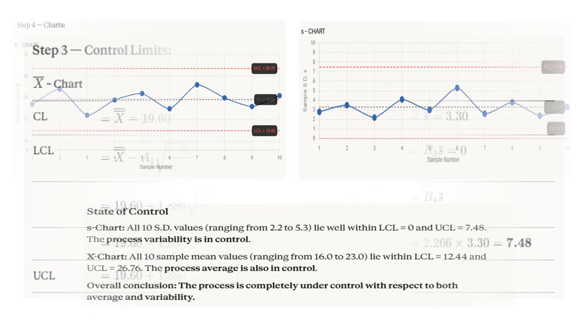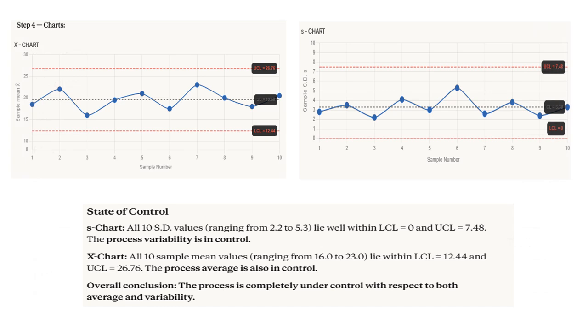From these values, this is going to be the final mean chart as well as the standard deviation chart. From the chart, it is visible that in the mean chart, all the 10 sample mean values, ranging from 16 to 23, lie within the lower control limit as well as the upper control limit. Therefore, the process is under control.